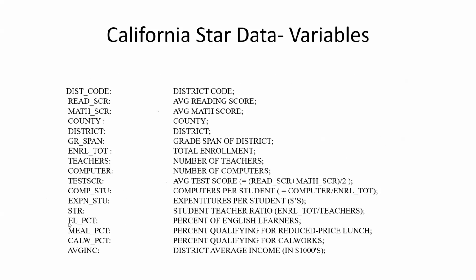The same is the percent of English learners. This is California, so there are lots of Hispanics, especially in the middle part of the state. The student-teacher ratio and the number of computers is here somewhere, and number of teachers and so forth, enrollment total.